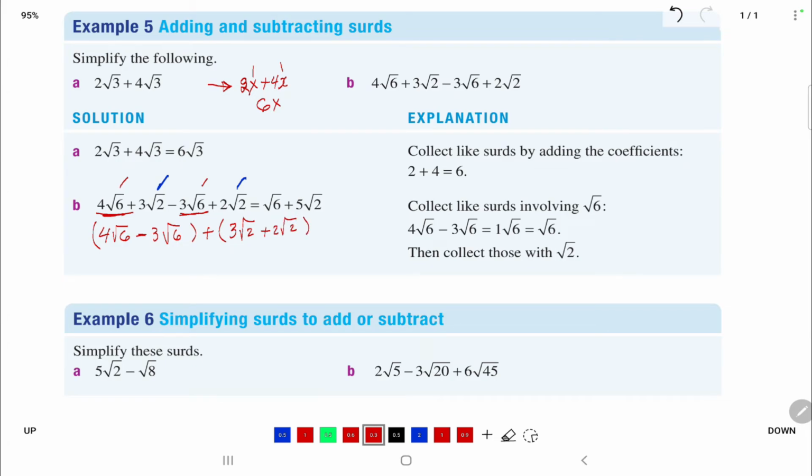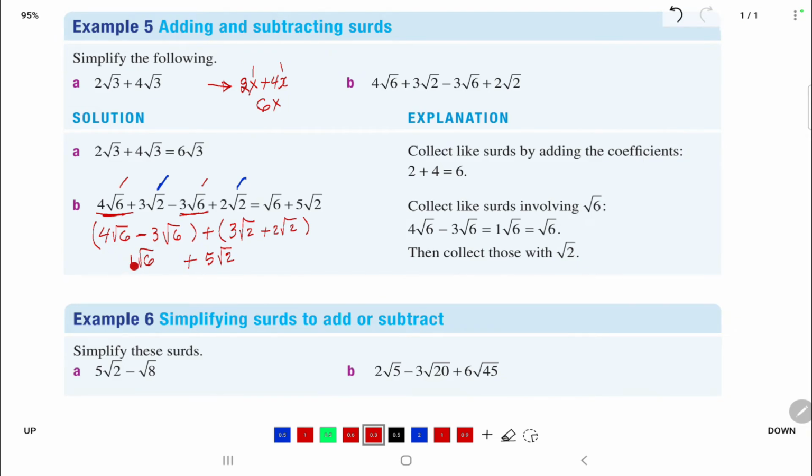Now you see why I collected these terms: because 6 and 6 under the square root are similar, and here it is 2 and 2, they are similar. So 4 minus 3 is 1 under the square root of 6, and here it will be 3 plus 2, it is 5 under the square root of 2.